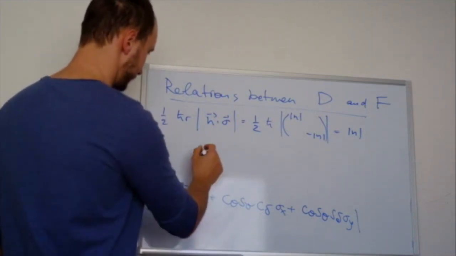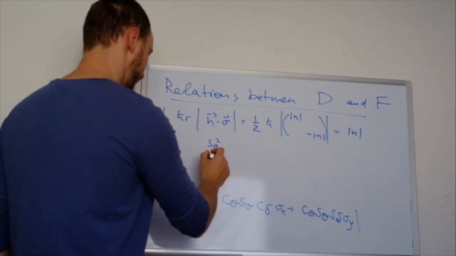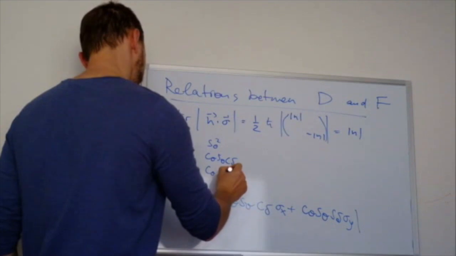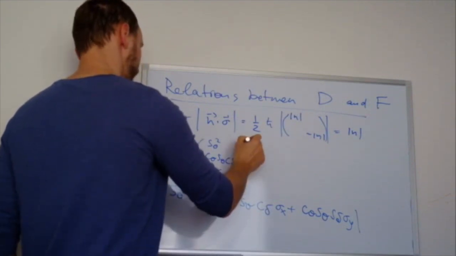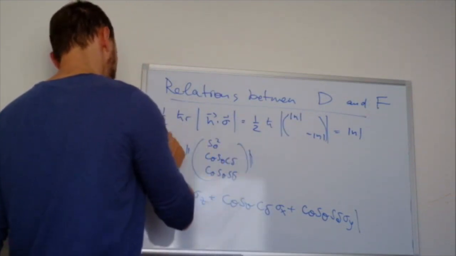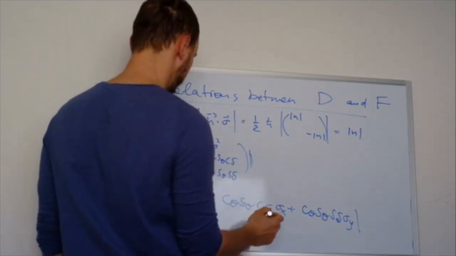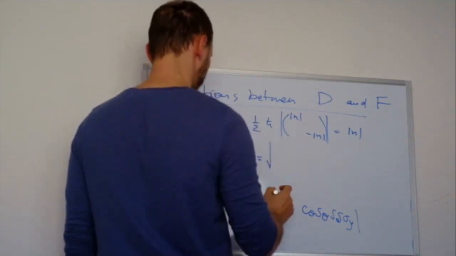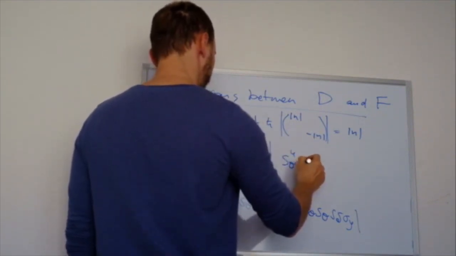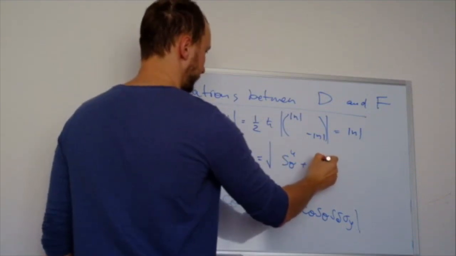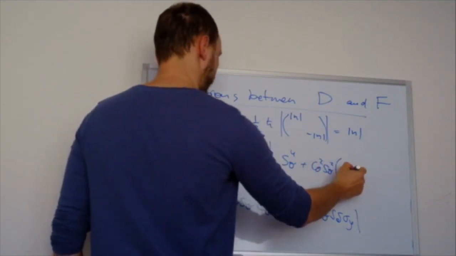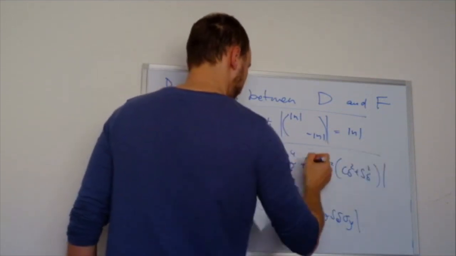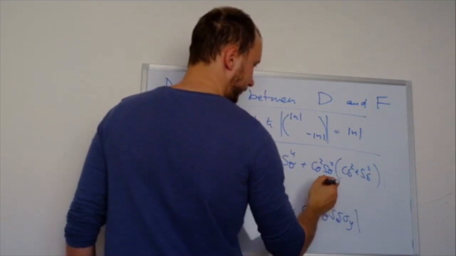And this is just sine theta square, cosine theta sine theta cosine delta, cosine theta sine delta, and the norm is n. Which is the square root of sine theta to the 4 plus cosine theta square sine theta square times cosine delta square plus sine delta square, which is 1, so I forget it.